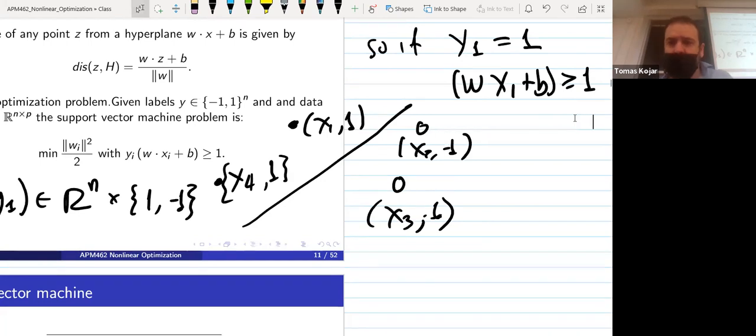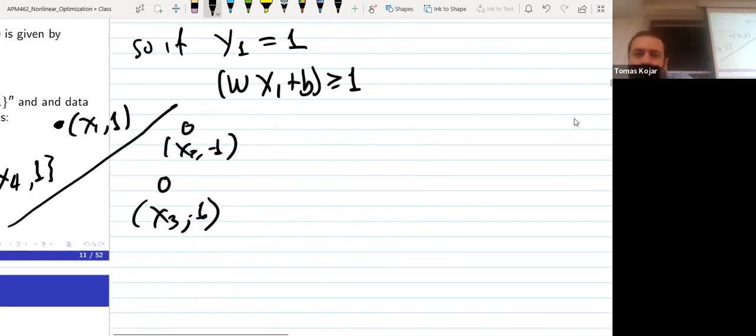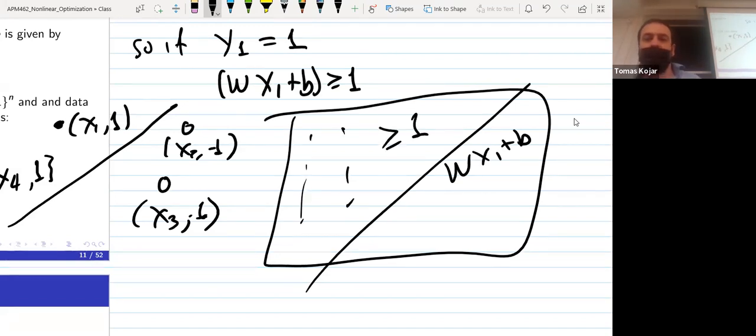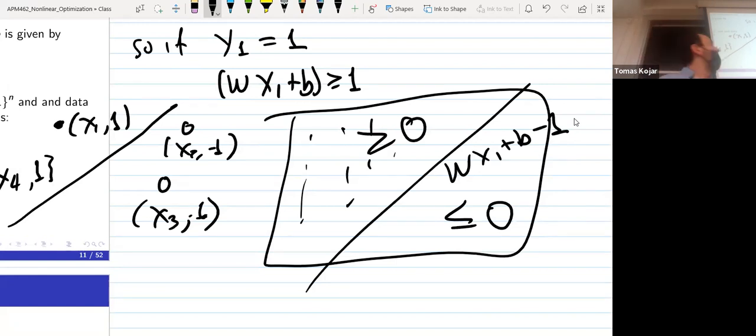Right. So let me draw the line. So this is the line wx1 plus b, and the guys plus 1 are over here. So this is the plus, bigger or equal than 1, and this is the less or equal than 1. Maybe I'll do it this way. I'll call this -1, and I'll say this is bigger or equal than 0, and the less or equal than 0.